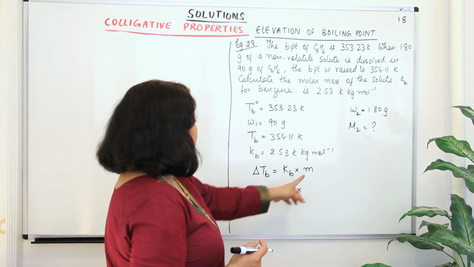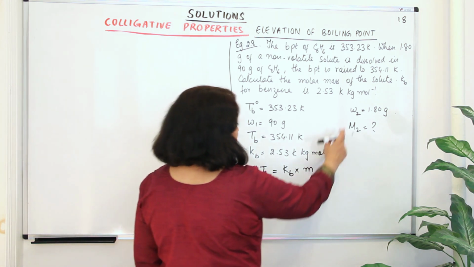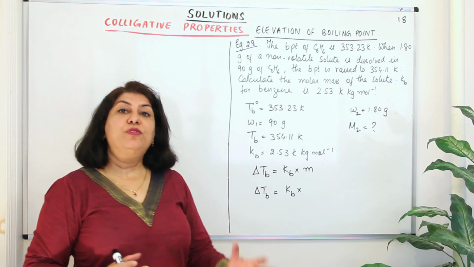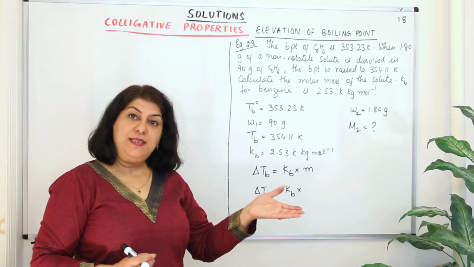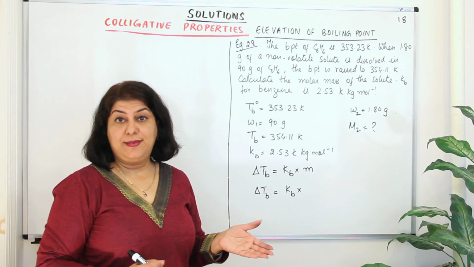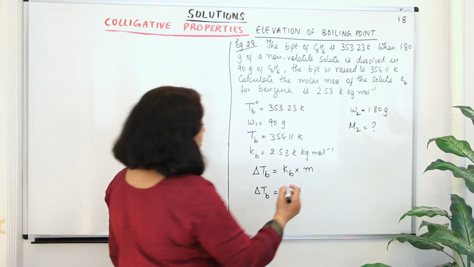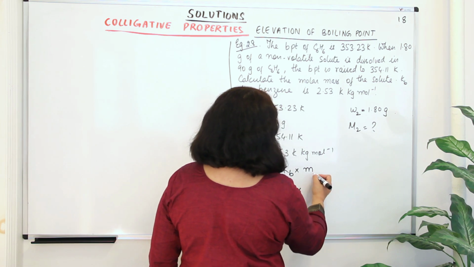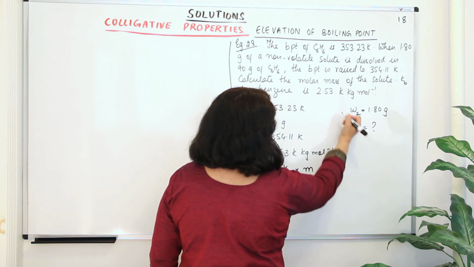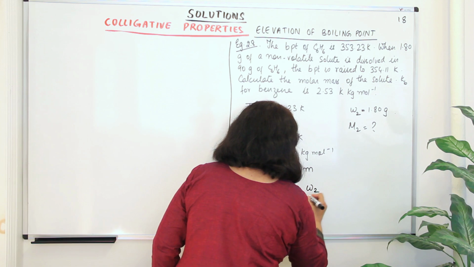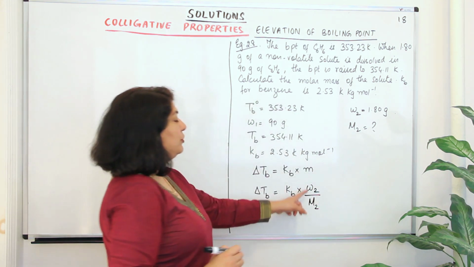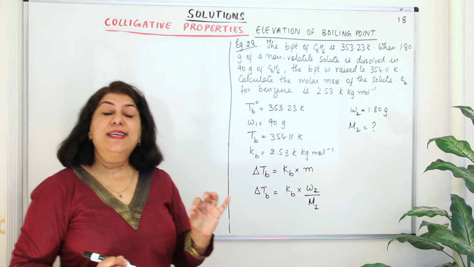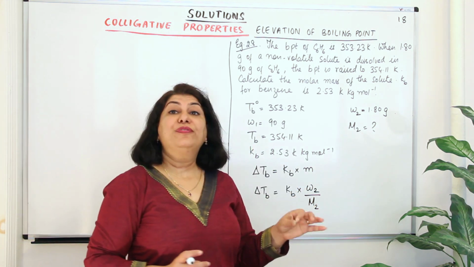How would you calculate the number of moles? Number of moles of anything is the mass of the substance divided by its molar mass, right? So here W2 is the mass upon molar mass M2. That will give you the number of moles of the solute.